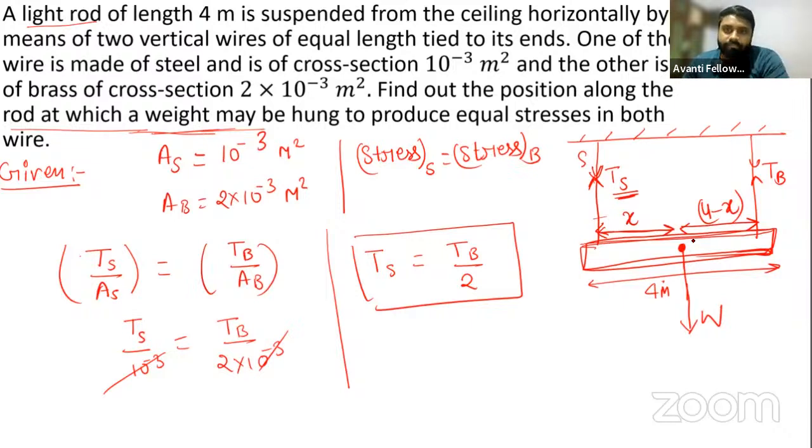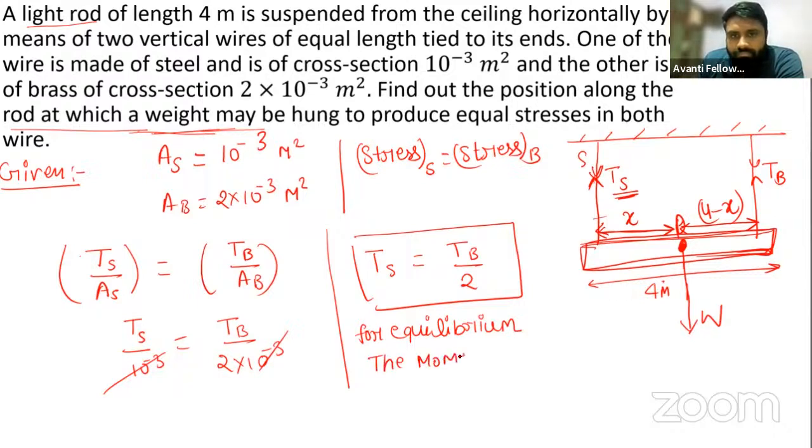Now, if this system is in equilibrium, we know that for equilibrium, let's say this point is P. The moment of forces about P is equal to 0.